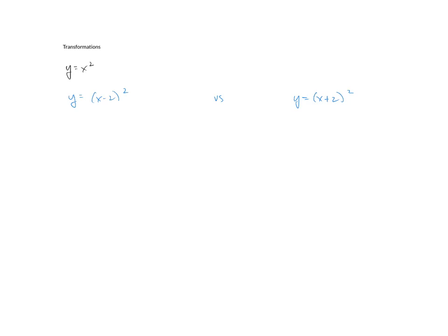So the original parent function that we started with was the parabola that opened up, and as we talked about, the point that we're tracking is 0, 0. Well, the negative 2 and the positive 2 occurring inside the function take the original parent function and shift it horizontally.